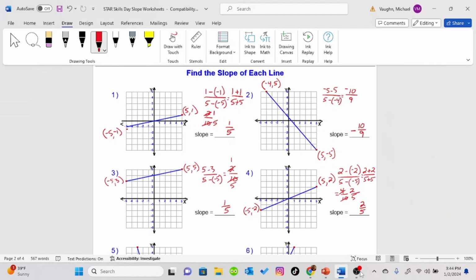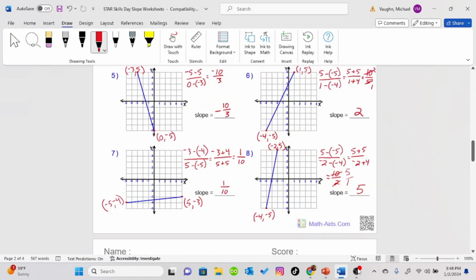And for number 4, I used the beginning point -5, -2, and the end point 5, 2, and I found a slope of 2 over 5. For number 5, I used the beginning point -3, 5, and the end point 0, -5, and I found a slope of -10 over 3.